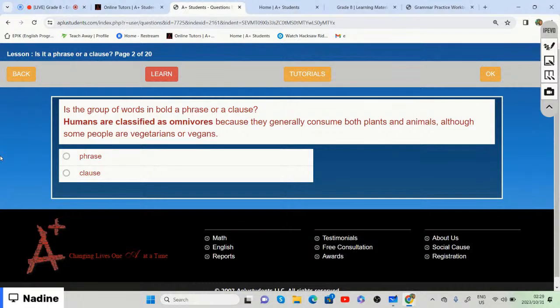Do we say that is a phrase or do we say it's a clause? So if we look at this, humans are classified as omnivores.